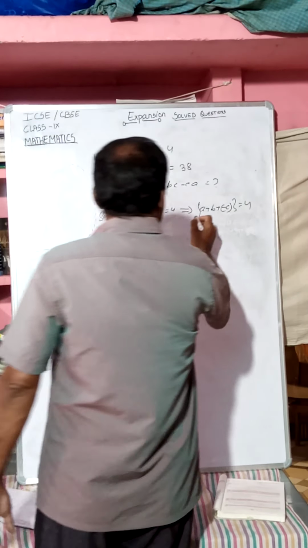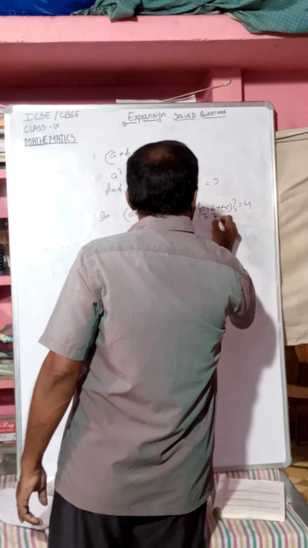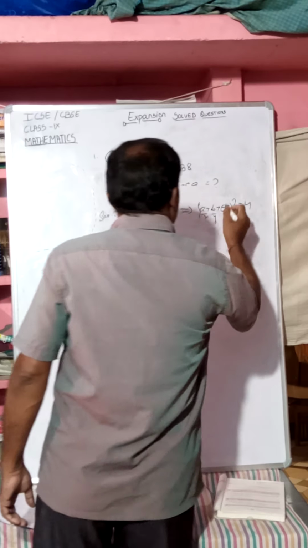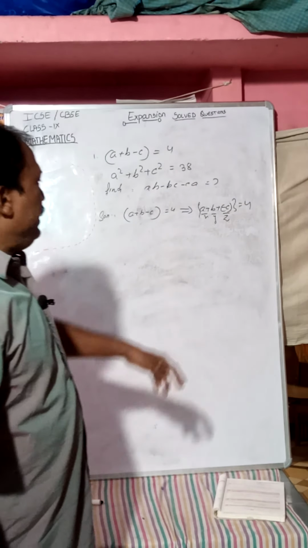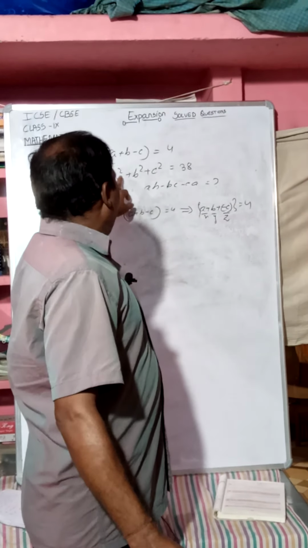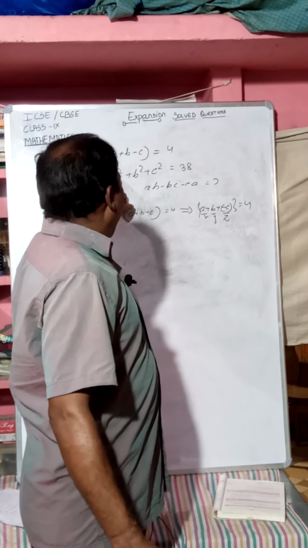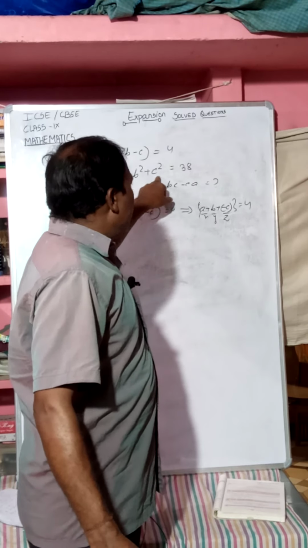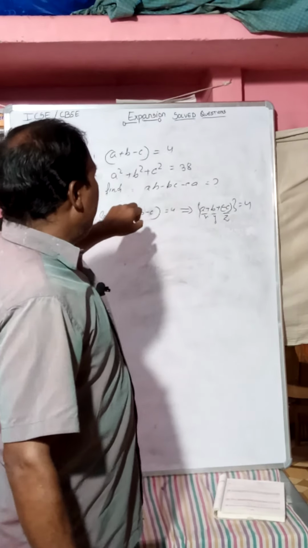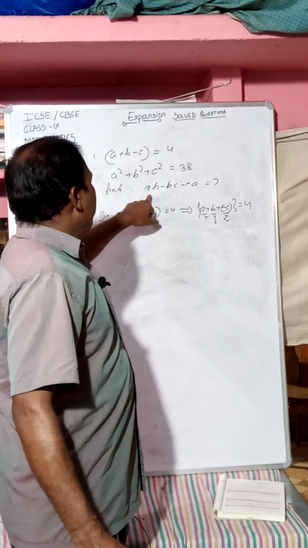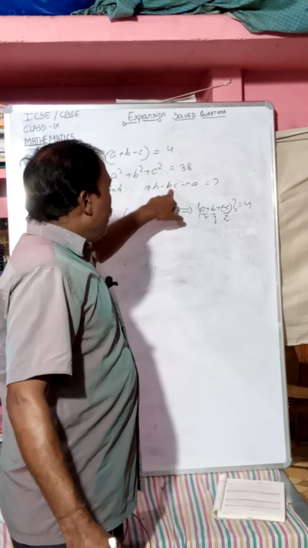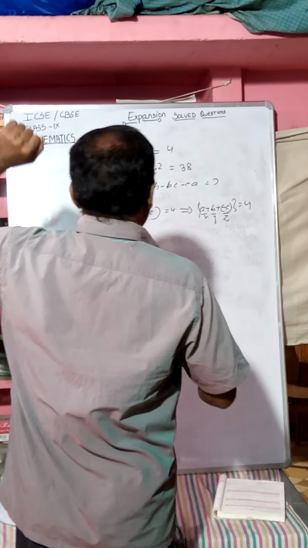So here a is x, b is y and minus c is z. x plus y plus z is equal to 4 and x square plus y square plus z square is equal to 38. What is the value of xy plus yz plus zx?